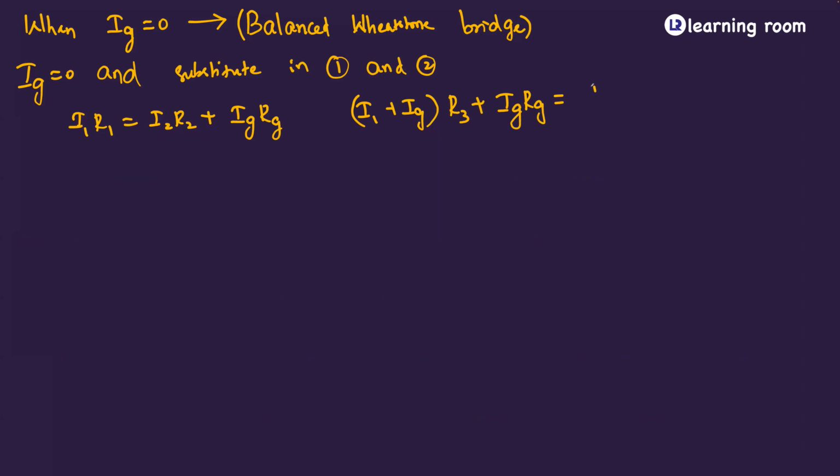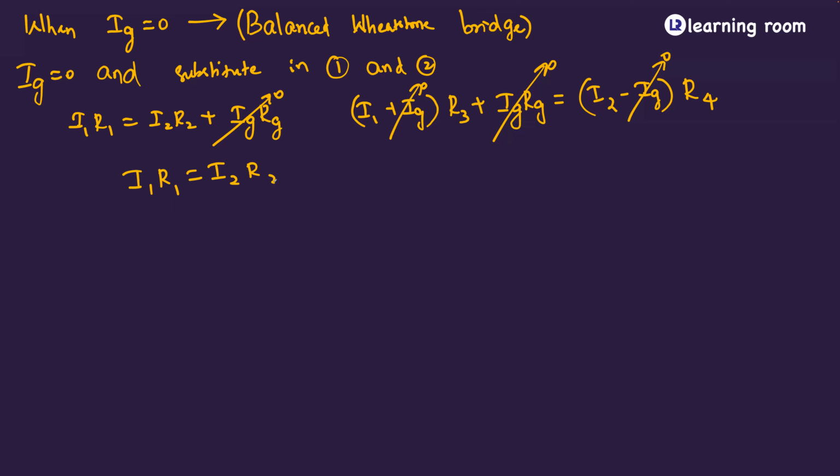Now, if I substitute 0 for Ig here, this term is 0, this is going to be 0, and this term will be 0. When that is the scenario, I'll get I1 R1 is equal to I2 R2. Similarly, from here, I will get I1 R3 is equal to I2 R4.